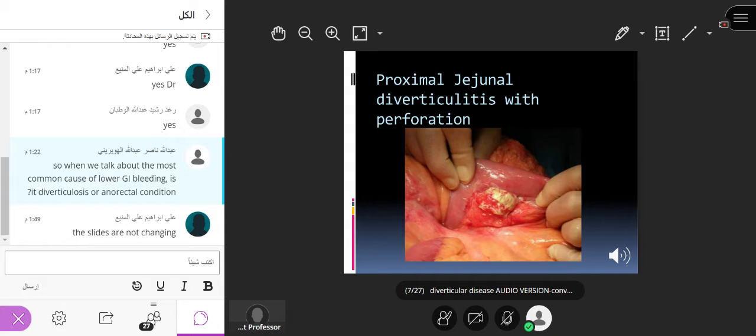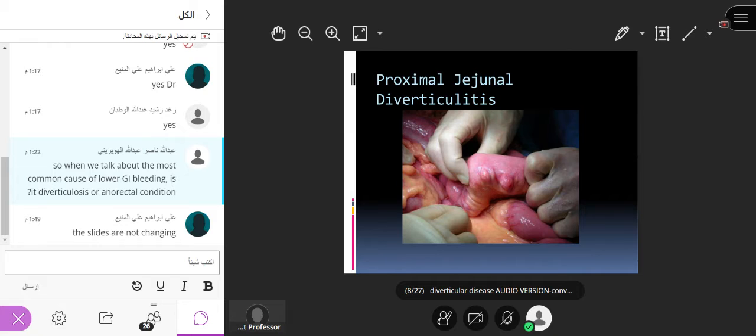It is very difficult to diagnose jejunal diverticula without symptoms, and usually the symptoms will be of diverticulitis. The pain will be poorly localized, and unless you keep a very high index of suspicion, it may lead to perforation.